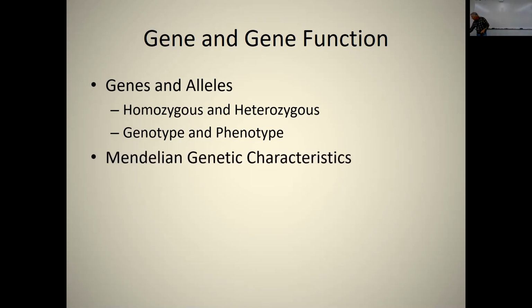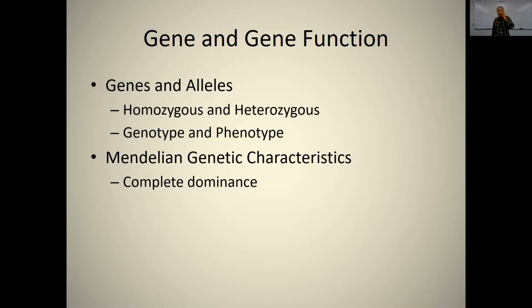So Mendelian genetic characteristics. Gregor Mendel was the guy who figured out the basic characteristics of heredity back in the middle of the 19th century. Complete dominance is something that he discovered. That is, you could have two alleles, and one is completely dominant over the other.